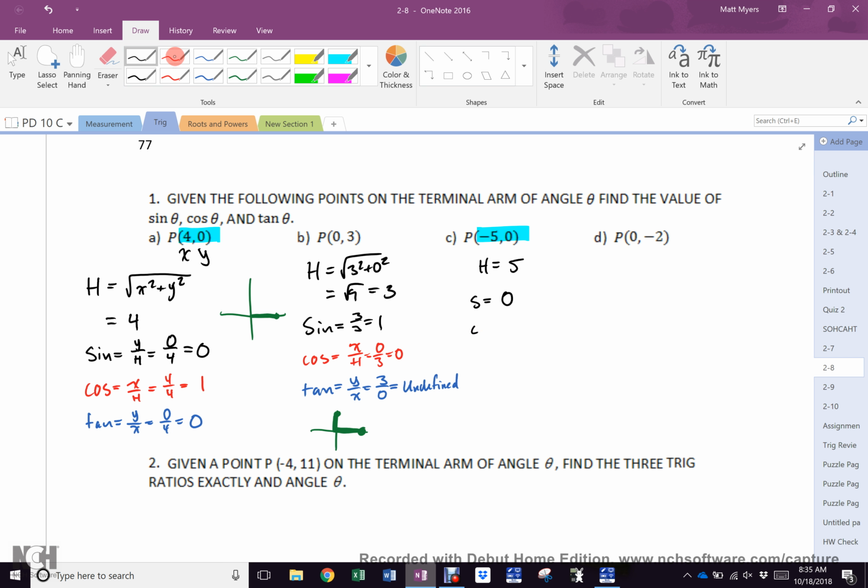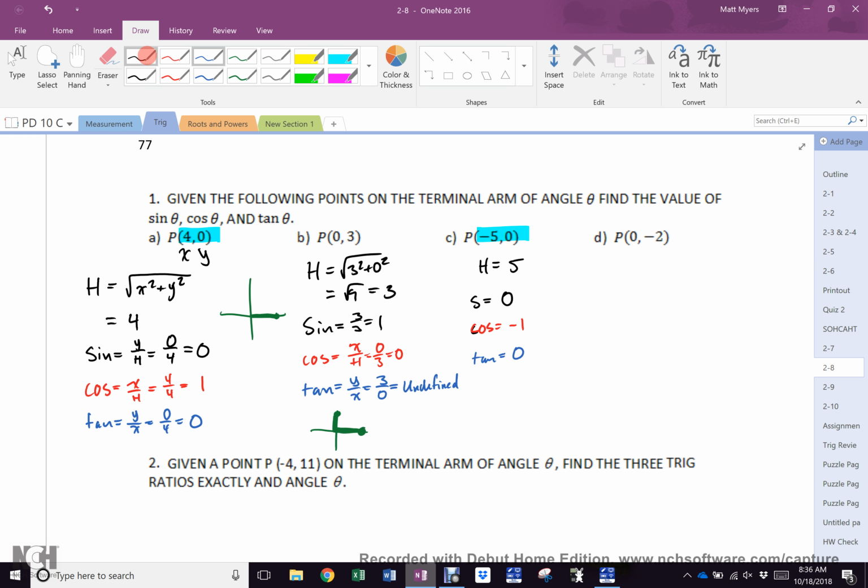Cos is, which is? Negative 1. Tan? Zero. Everybody good? Which makes that one 180.